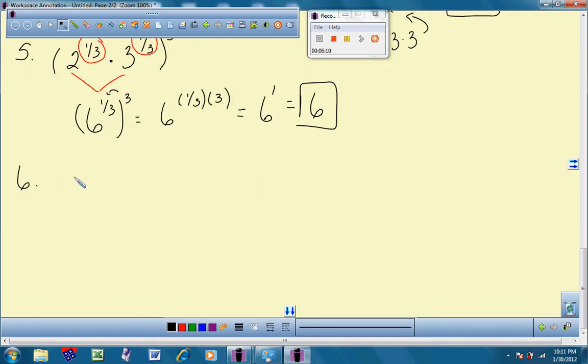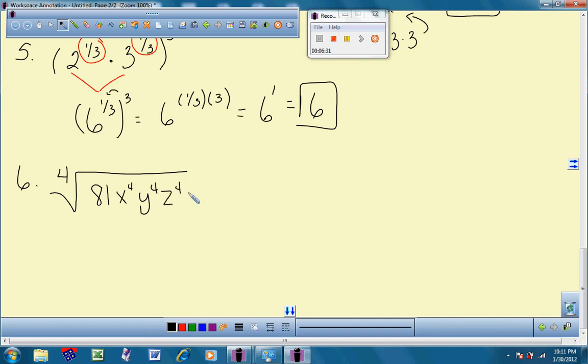Example 6. Let's take the 4th root of 81 x to the 4th, y to the 4th, z with an exponent of 4.